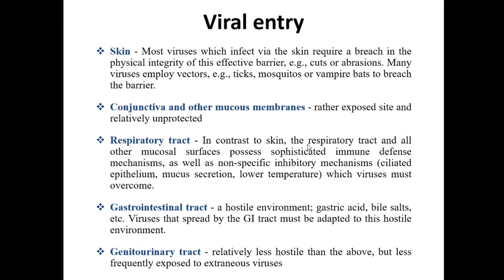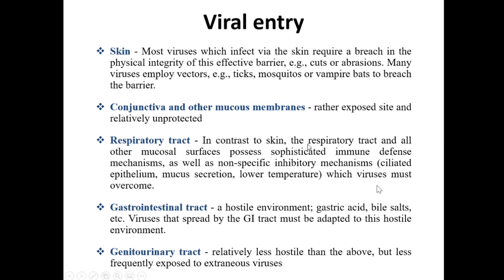We have the respiratory tract. In contrast to the skin, the respiratory tract has a mucosal surface with sophisticated immune defense mechanisms, like inhibitory mechanisms, ciliated epithelium, mucus secretion, and lower temperature in the upper respiratory tract.